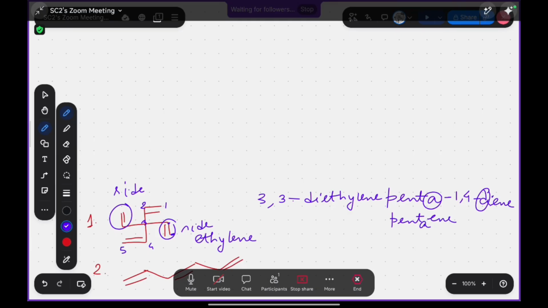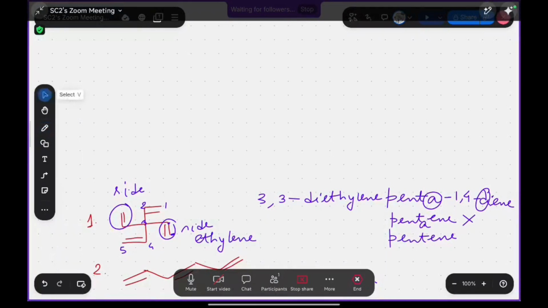You cannot write penta ene, that is wrong. Since we are having di and D is not a vowel, we are writing penta. If it would have 1 double bond, you would have written ene, and then the A would not have been there. Then it would have been simply pentene. Since we are having 2 double bonds, we are including the prefix di. That is why I am writing penta.